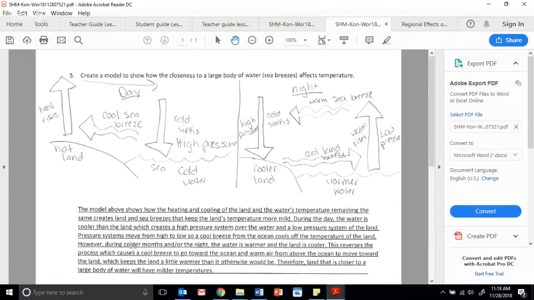However, during colder months and or the night, okay, the water is warmer and the land is colder. So the reason I specify during colder months is because if you are a place that is near the ocean and you are getting your water from the equator, okay? So let's say you are France, okay?